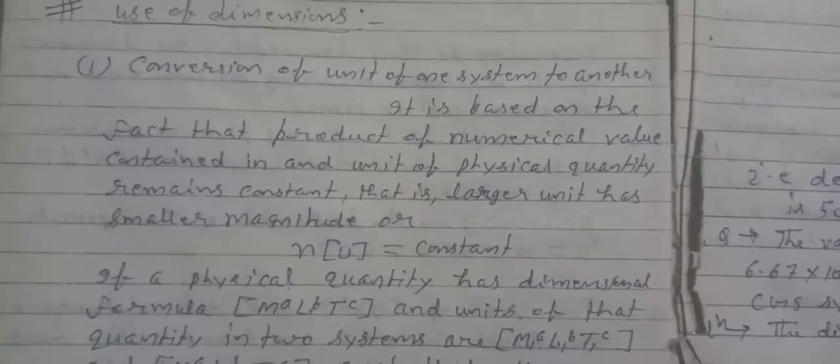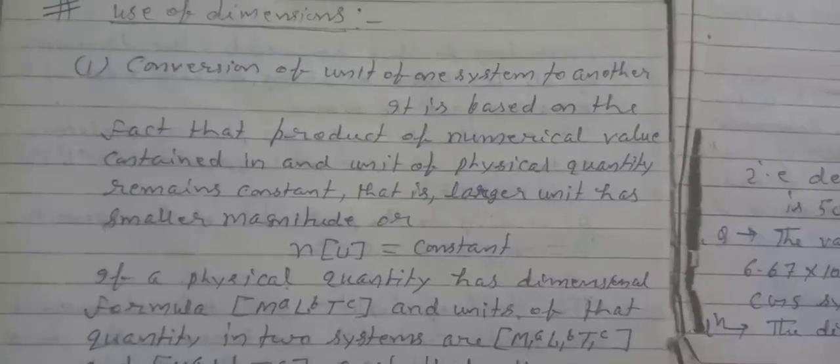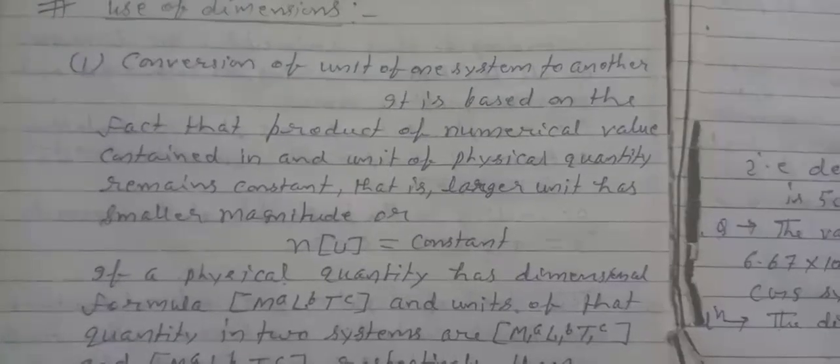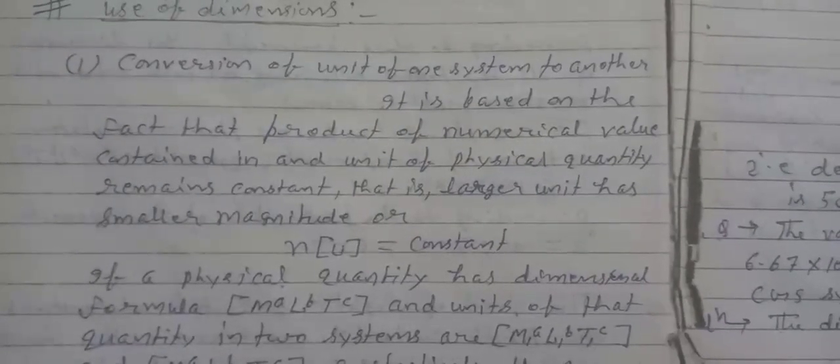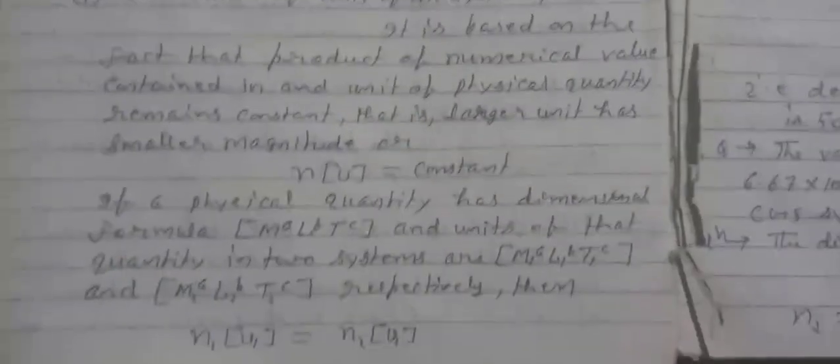Now, use of dimensions: conversion of unit of one system to another. It is based on the fact that the product of the numerical value contained in a unit of a physical quantity remains constant, that is, a larger unit has a smaller magnitude, or n into u equals to constant.